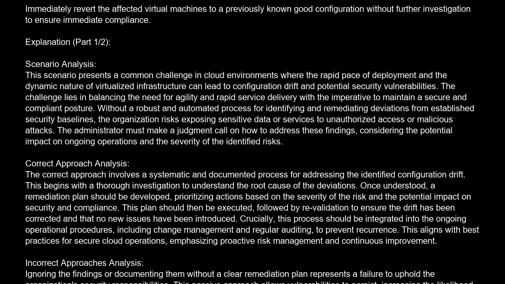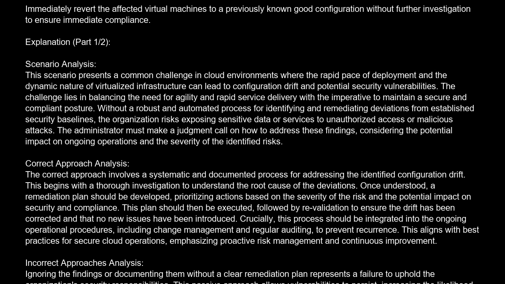Correct approach analysis. The correct approach involves a systematic and documented process for addressing the identified configuration drift. This begins with a thorough investigation to understand the root cause of the deviations. Once understood, a remediation plan should be developed, prioritizing actions based on the severity of the risk and the potential impact on security and compliance.